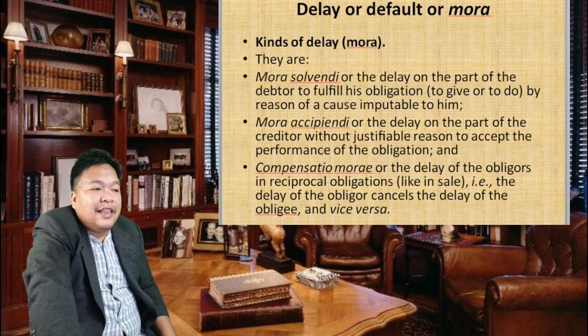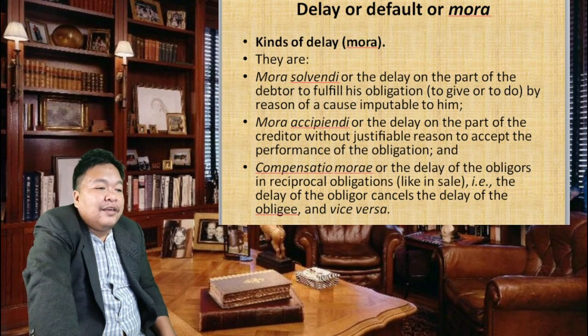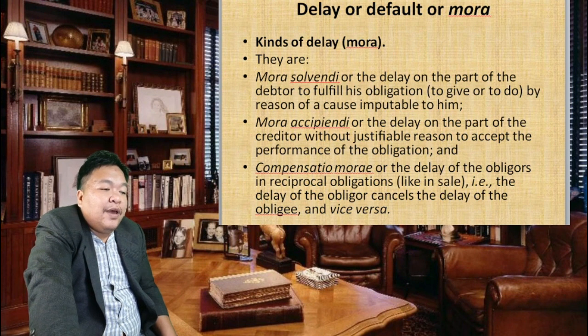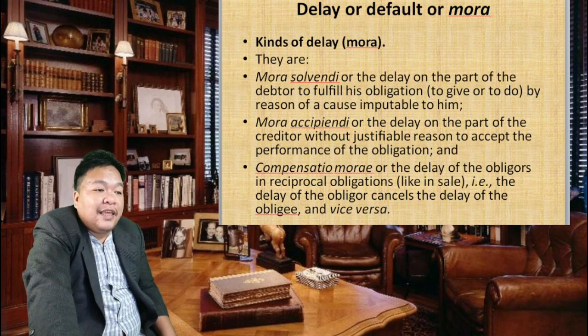So any delay on his part has the following effects. Okay? So, if there is delay, the debtor is guilty of breach of the obligation. He is liable for interest in case of obligations to pay money, and he is liable even for a fortuitous event when the obligation is to deliver a determinate thing.